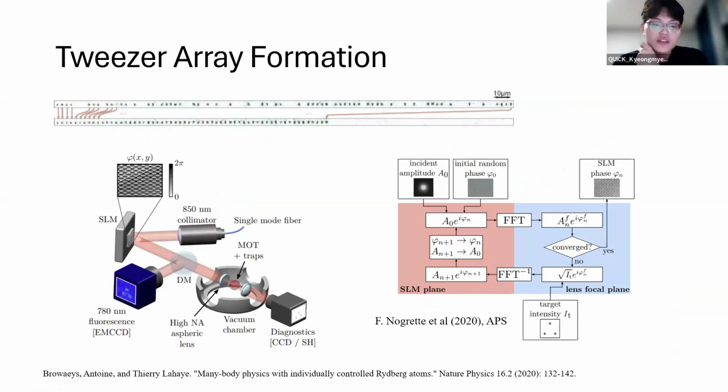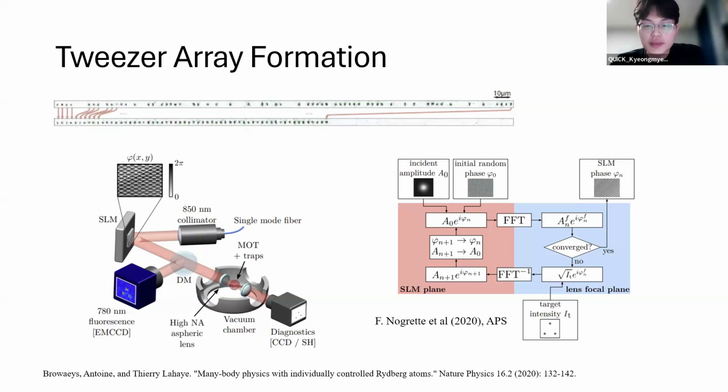We now would like to make an array of tweezers because we can't do anything with one atom. We need to have a system of atoms so that we can exploit the Rydberg blockade mechanism on it to study quantum properties. And this can be done using an optical device called an SLM, which stands for spatial light modulator.